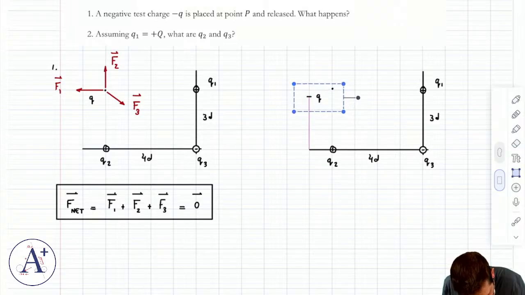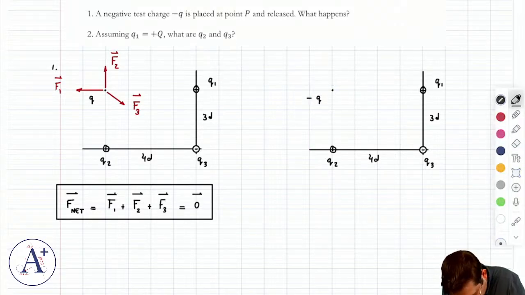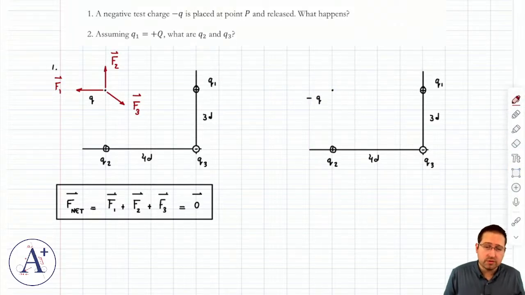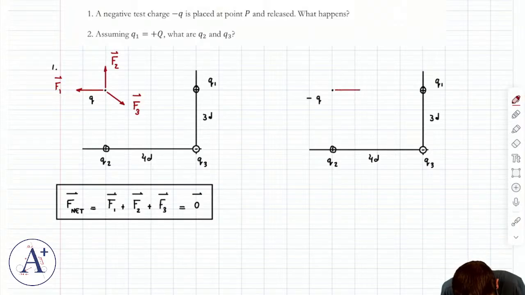Now the short answer is nothing changes in terms of the net force. But of course the individual forces are going to flip because now Q1 will attract minus Q. Q2 will attract minus Q, and Q3 will repel it. But of course, if you only change the negative sign, all you end up doing is changing direction.